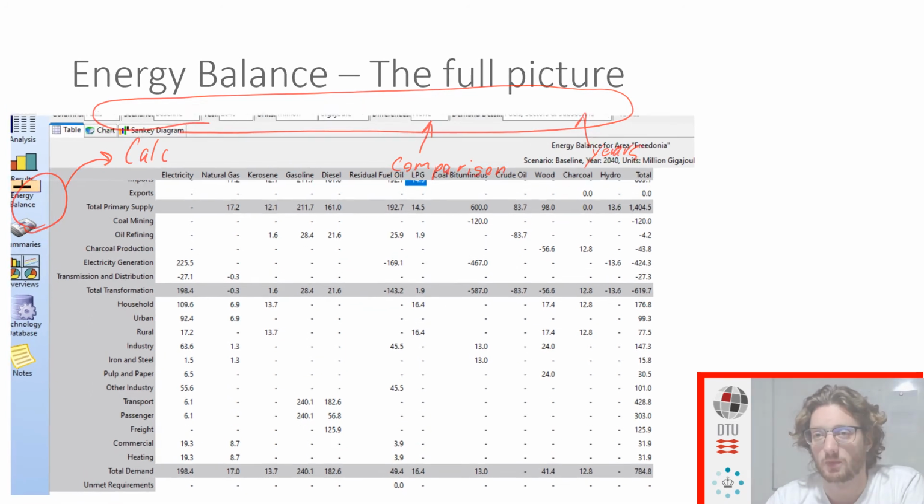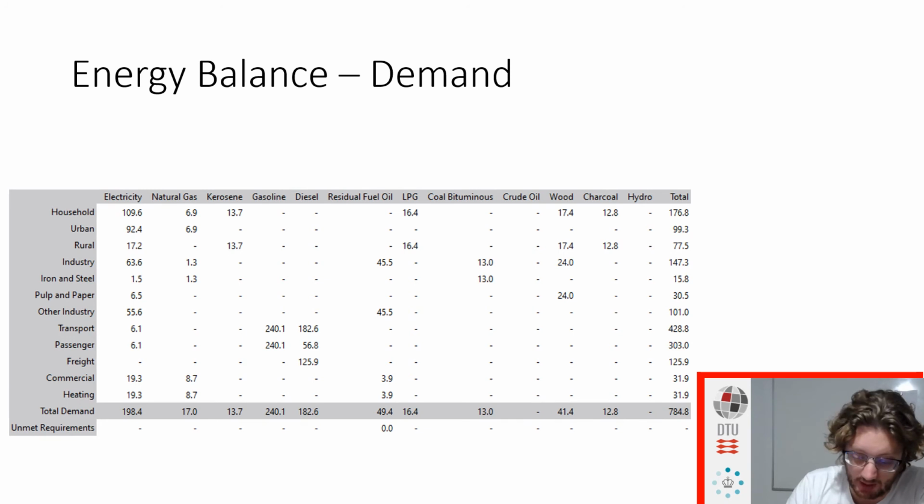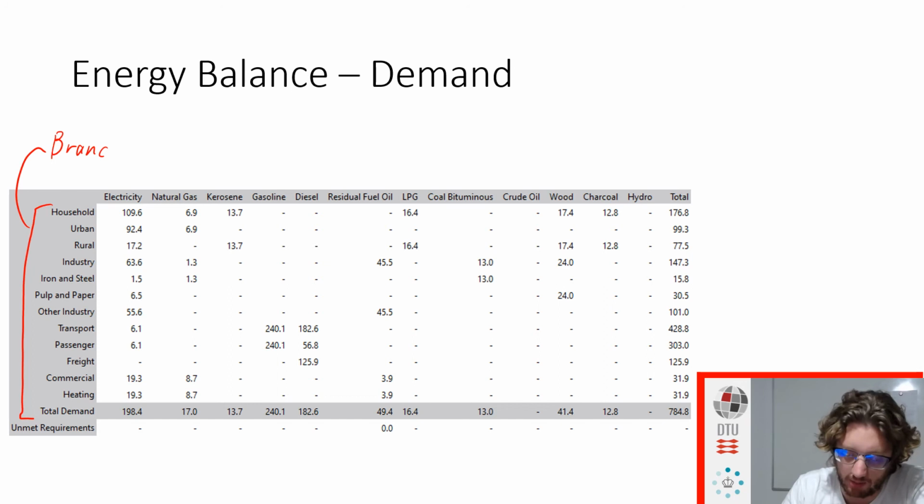First is the demand. These are actually my demand branches. So these are the branches I have of my main branch. I have my demand. You do have some potential to show more subsectors, but there is a real limitation here because you don't want it to become too complex.